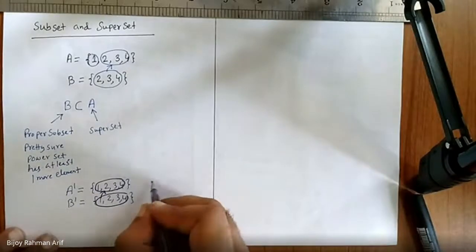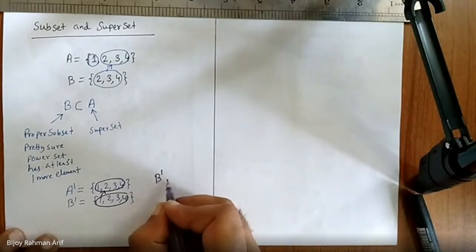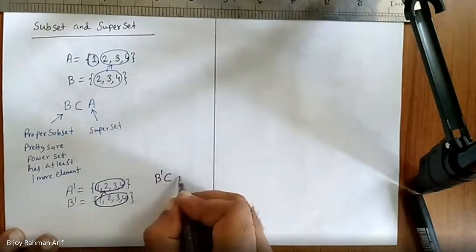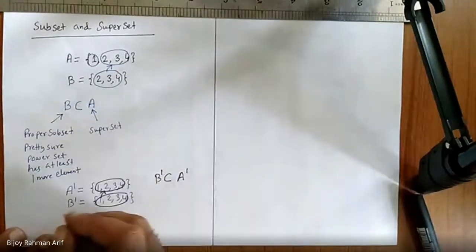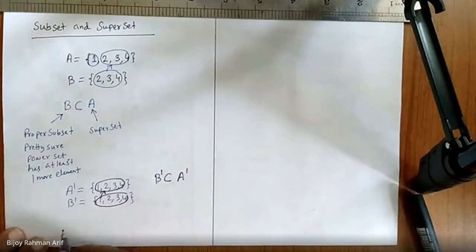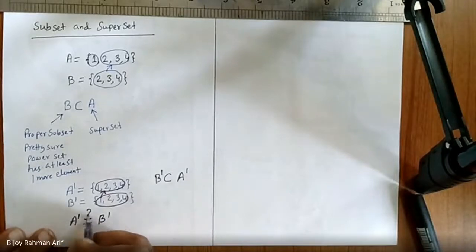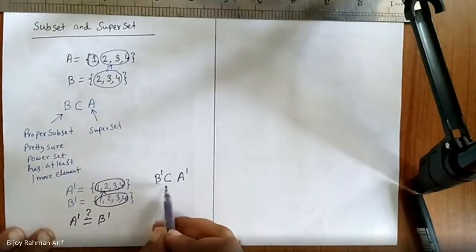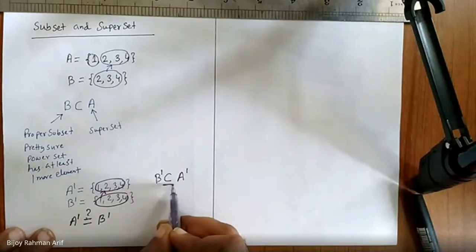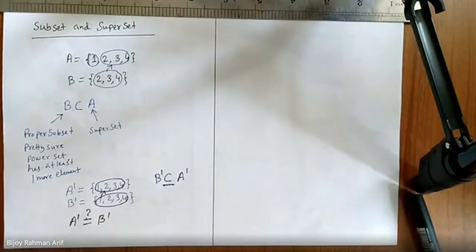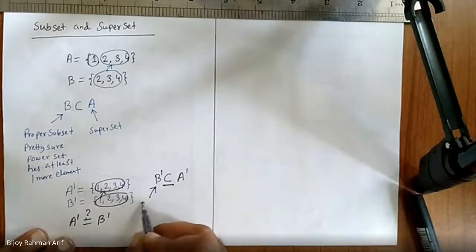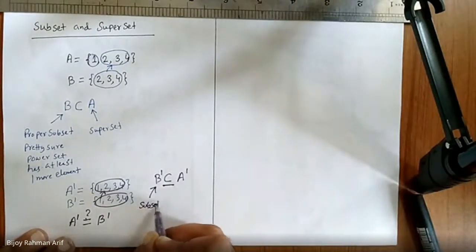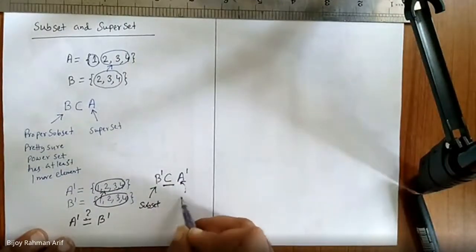So we are sure B dash is a subset of A dash, but there is always a chance of equality. They might be equal. Whenever we are not certain whether A dash and B dash are equal or not, we put an equal sign under the set, and we call it only subset, and still it is superset.